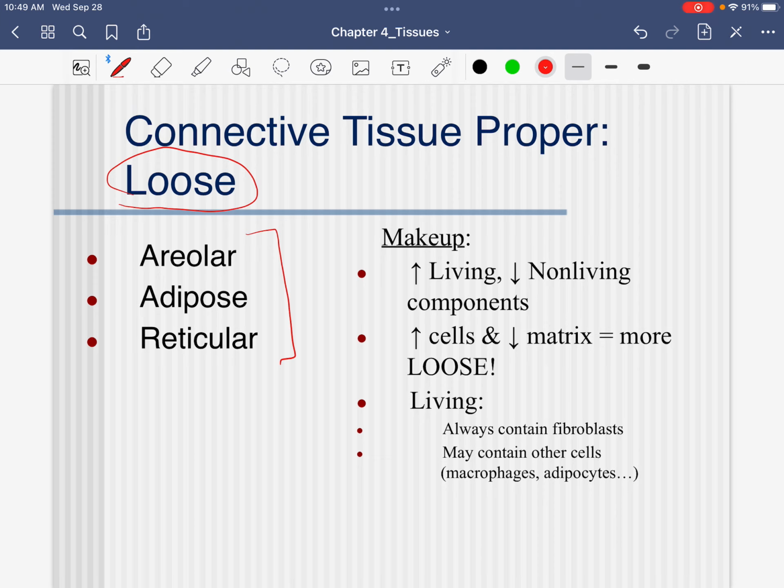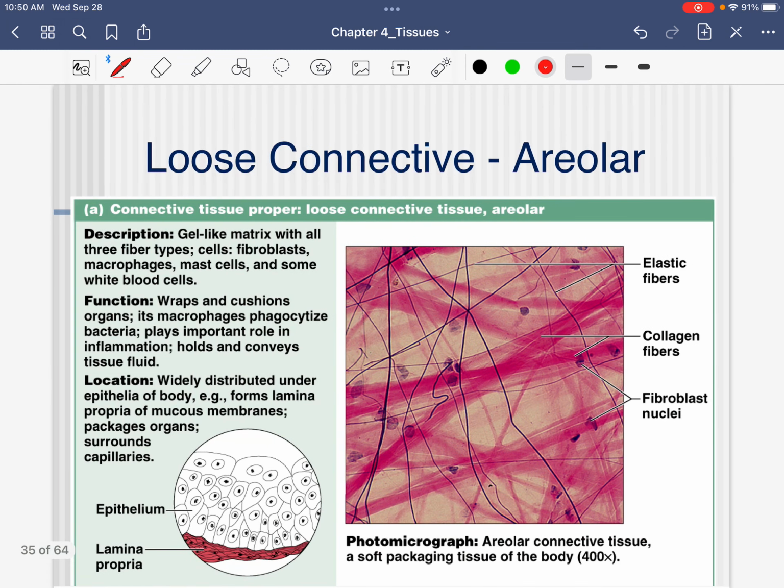This category of connective tissues has a lot of living components, which are cells, and to a certain extent, less non-living. That's not to say that it has none, it just has less. So this tissue type has a good amount of cells and some non-living material. That's why it's called looser. Generally speaking, the more non-living, the more fibers and ground substance, the denser.